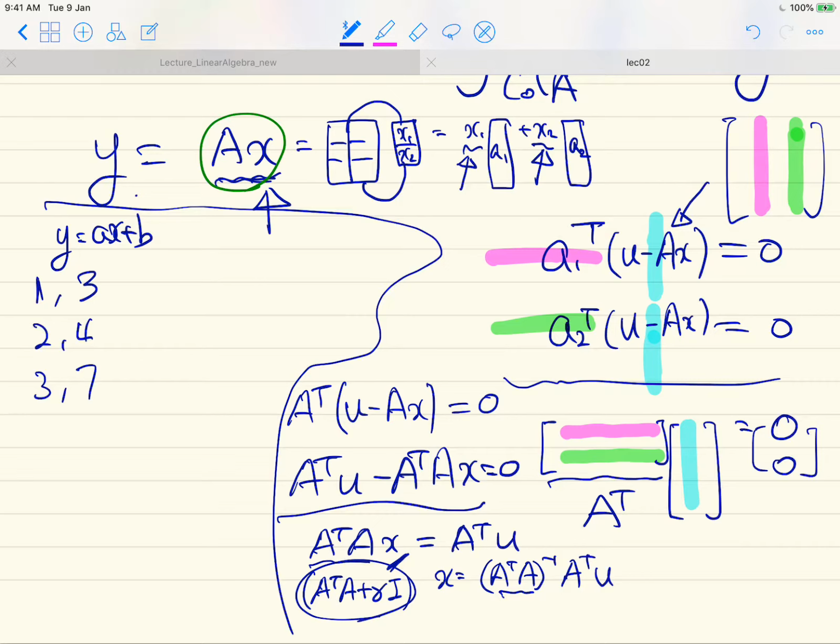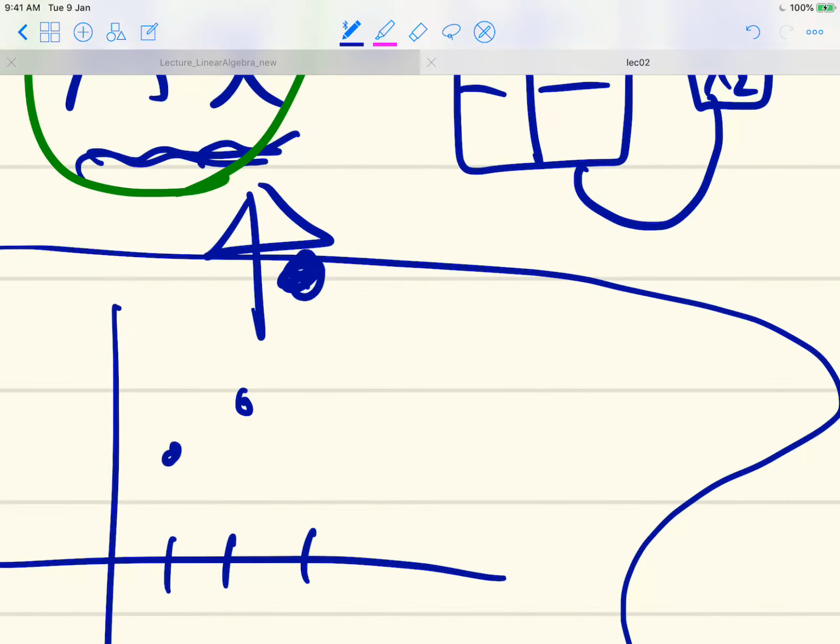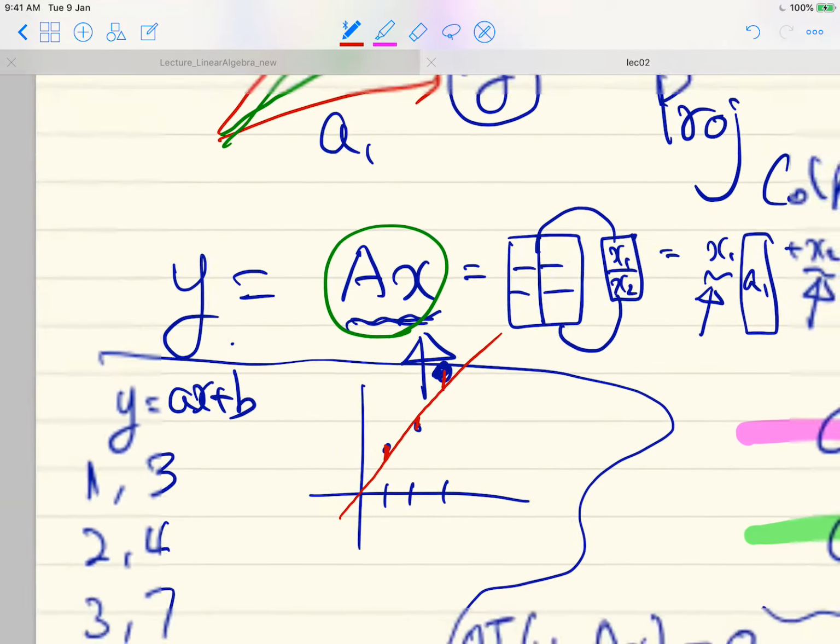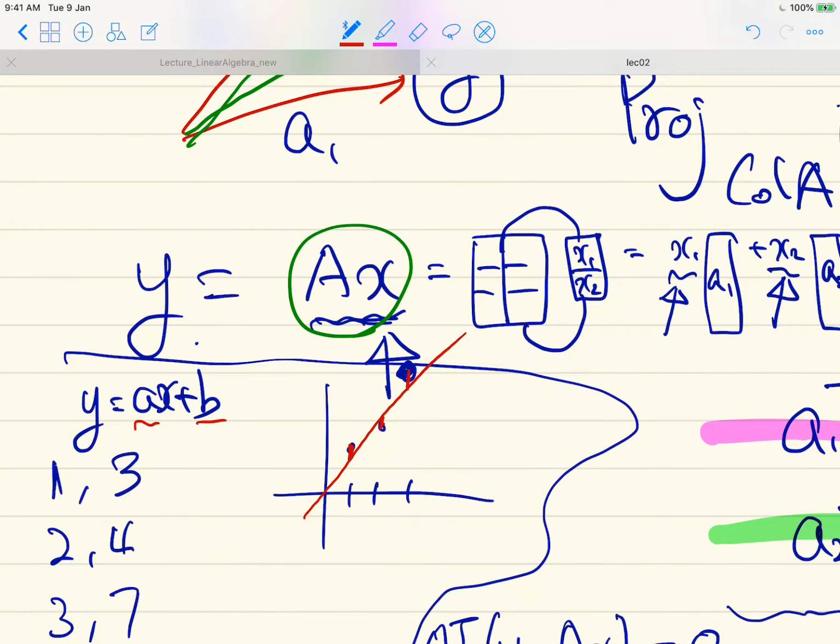Pictorially, the fitting line will be something like this. It will still have some errors, but we want to find this optimal line, or equivalently the optimal slope and y-intercept, which correspond to this a and b, right?